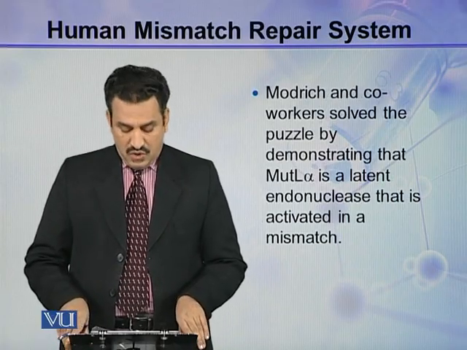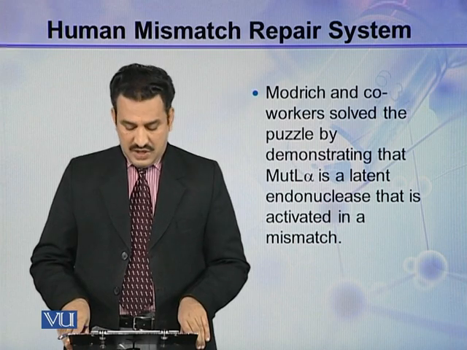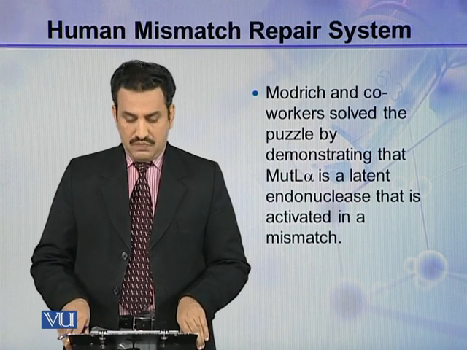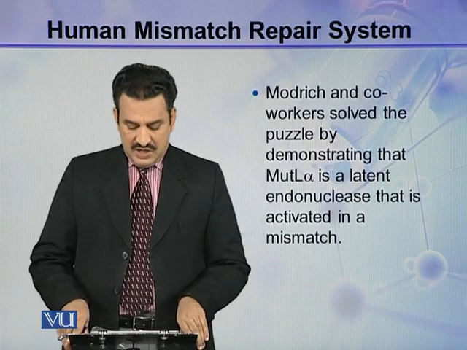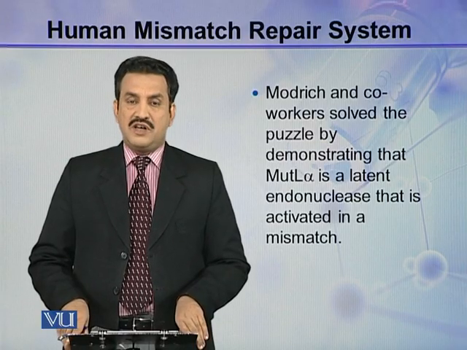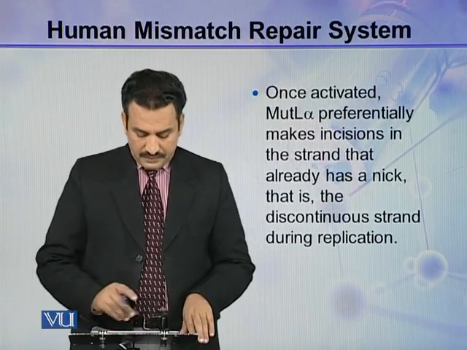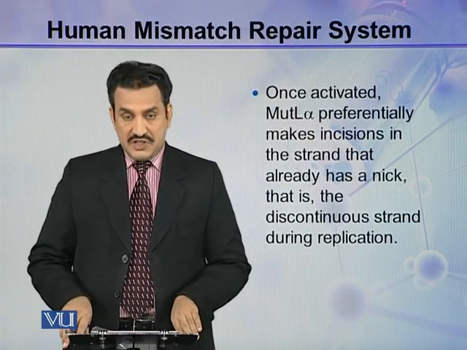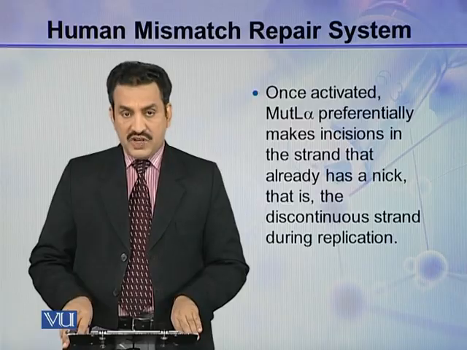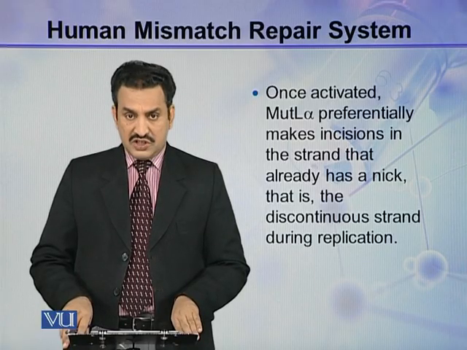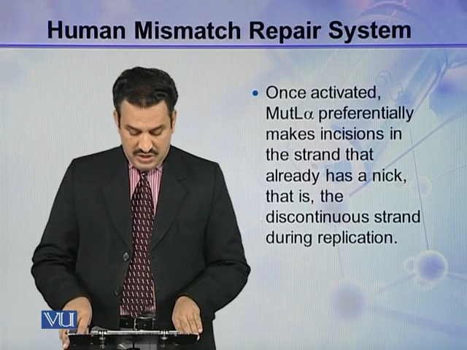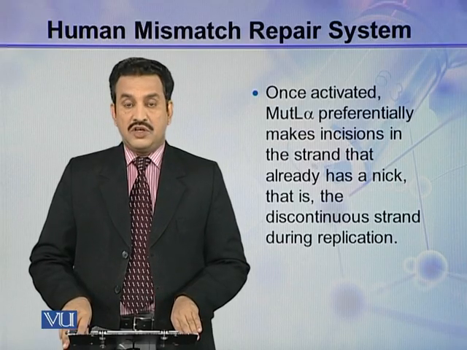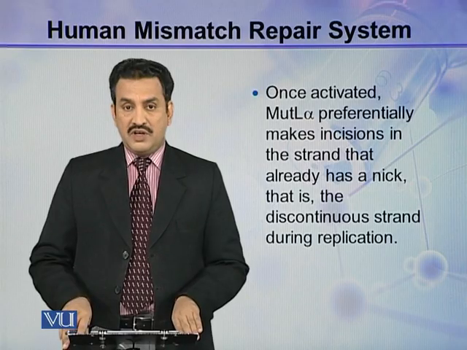Modrich and co-workers solved the puzzle by demonstrating that MutL alpha is a latent endonuclease that is activated in a mismatch. Once activated, this MutL alpha preferentially makes incisions in the strand that already has a nick, that is the discontinuous strand during replication.